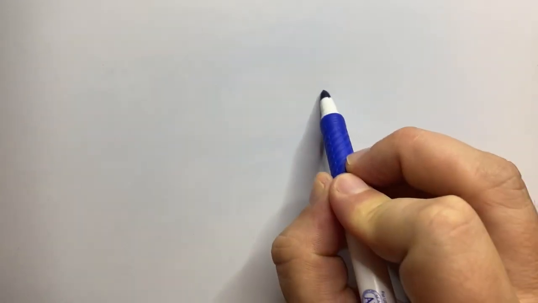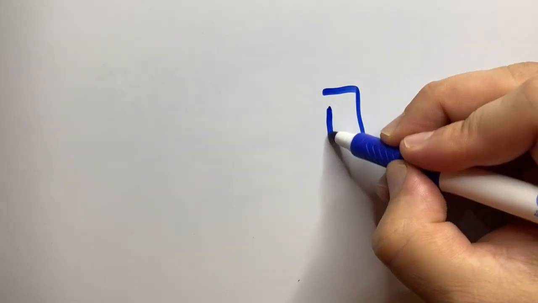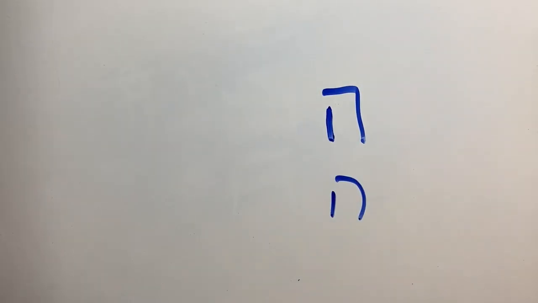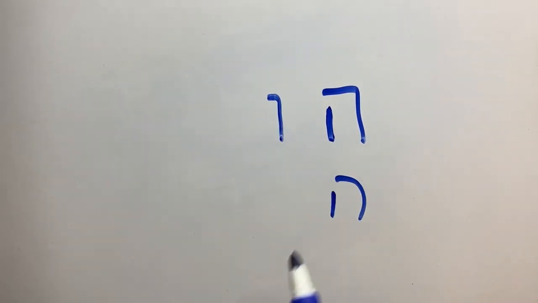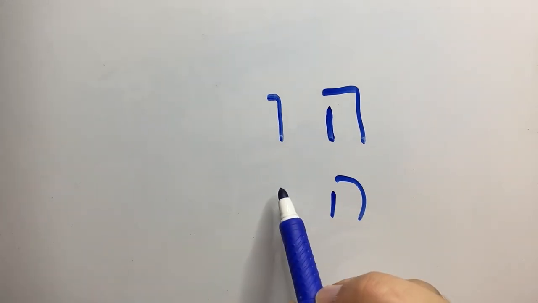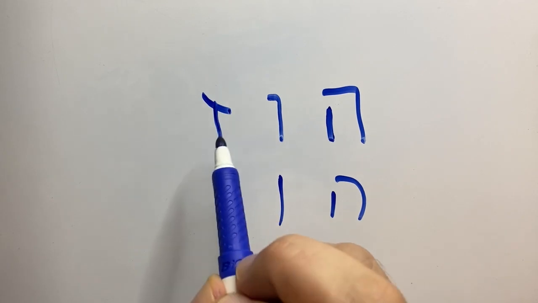The next three letters beginning with He, like an unfinished rectangle. This straight. Pretty much the same in the cursive. Vav or Waw. And Zayin.